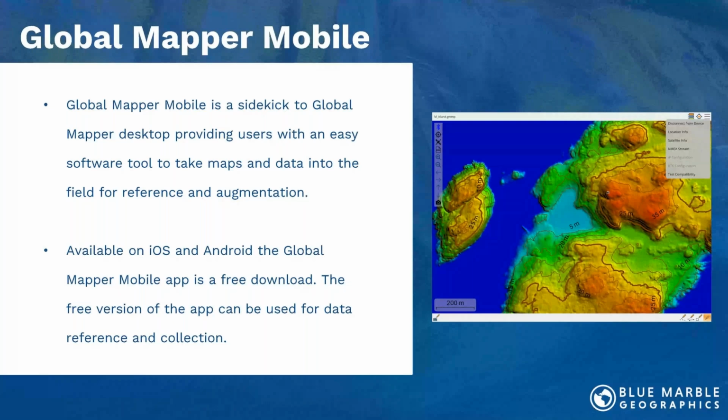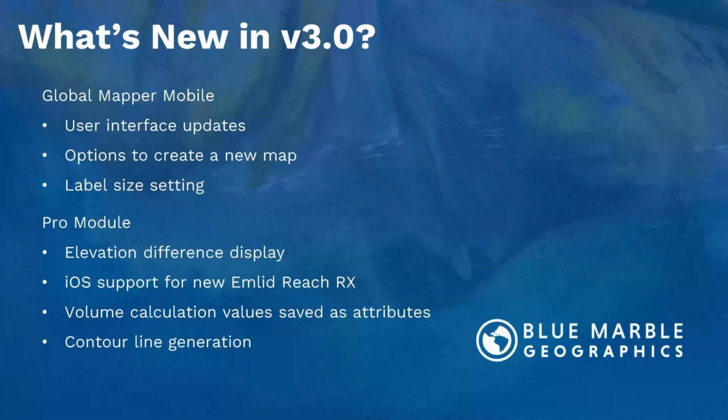So we can talk about some of the specific updates for this particular new version. For Global Mapper Mobile, the free version, we've had some user interface updates, including the configuration menu, which has been adjusted and made a little easier to navigate.